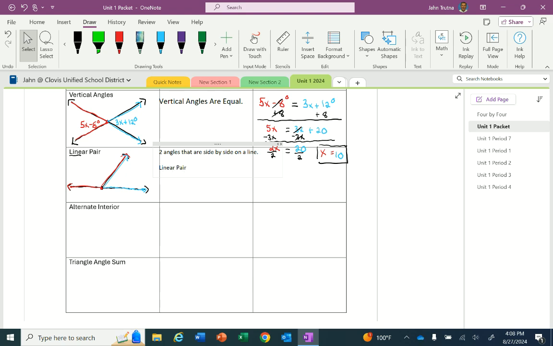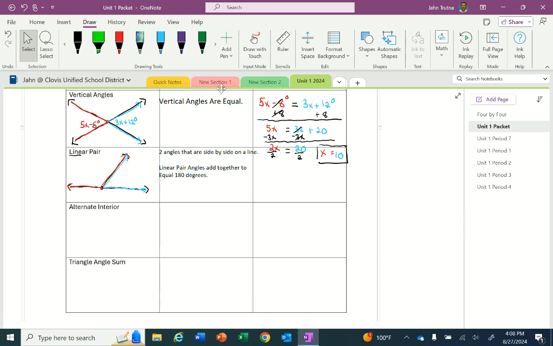Linear pair angles add together to equal 180 degrees. So a linear pair of angles are always going to be two angles that are side by side on a line. And when angles are a linear pair of angles, the relationship that they have is that they add together to equal 180 degrees.